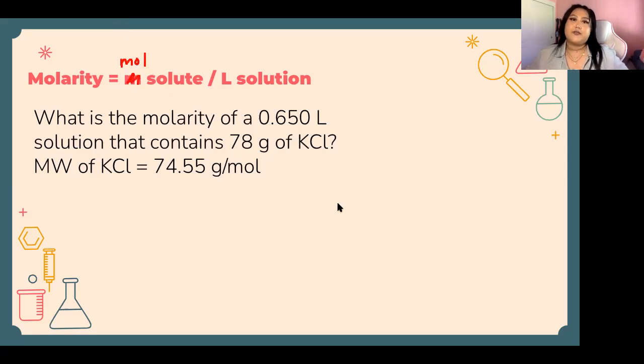What is the molarity of a 0.650 liter solution that contains 78 grams of KCl? I already gave you the molecular weight of KCl, which is here. So how do we set this up?